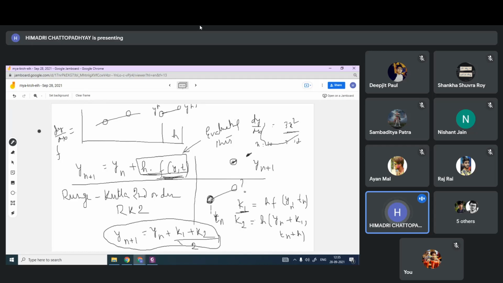Earlier this was yn plus h into f, but now I am evaluating h f at y and tn once, and then at a new y and new tn, and then I am taking the average of these. You calculate here, take an average of them, then you find the fresh new point. So this is called Runge-Kutta second order.